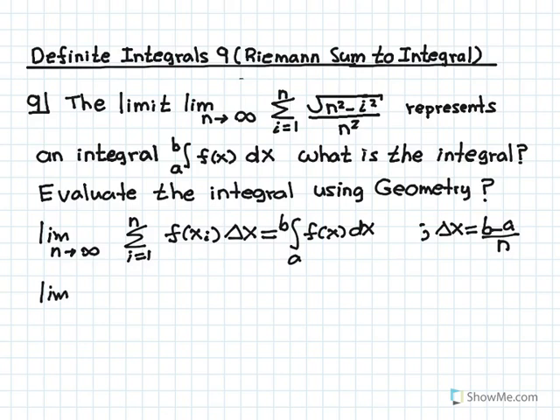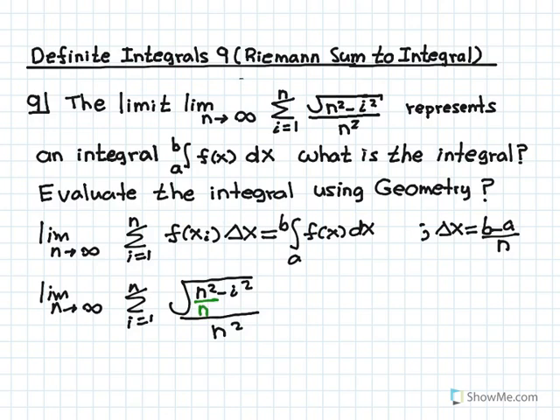Limit as n goes to infinity, i goes from 1 to n, root of n squared minus i squared divided by n squared. Let's divide by n squared inside the radical, and let's divide by n outside the radical, because dividing by n squared inside the radical is equivalent to dividing by n outside the radical.